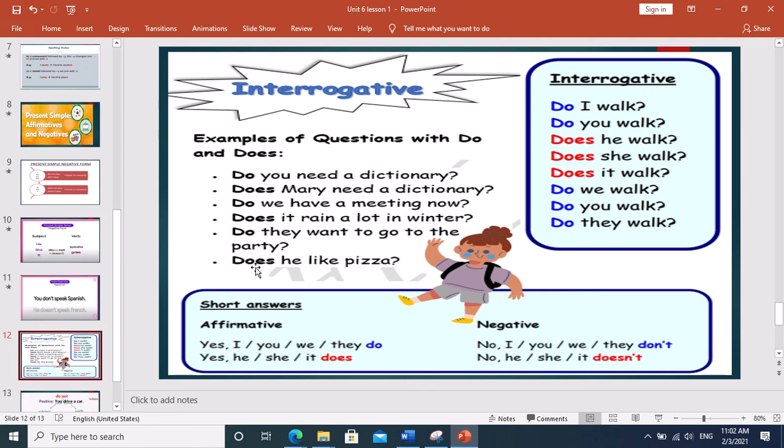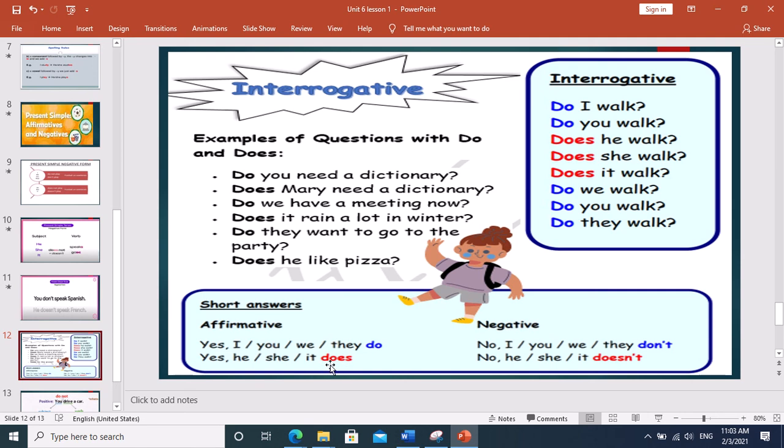How can I answer this question? Do you need a dictionary? Yes, I do, or yes, you do, or yes, we do, or yes, they do. If I want to say no, no, I don't. No, you don't. No, we don't. Yes, he does.